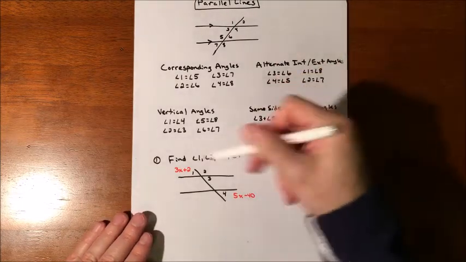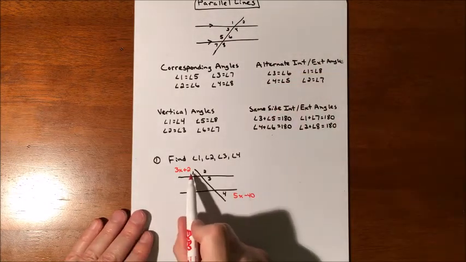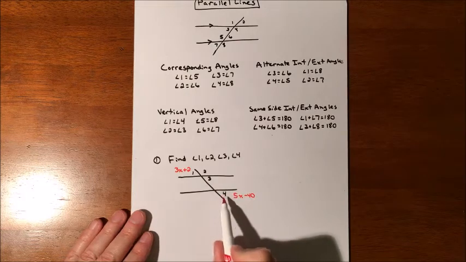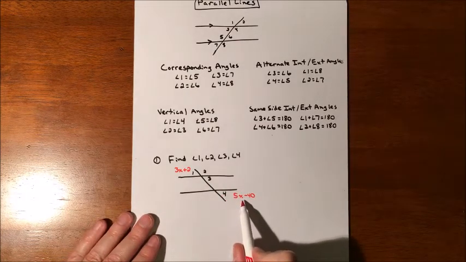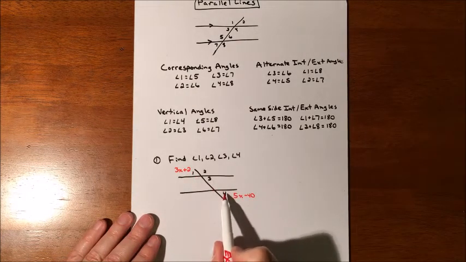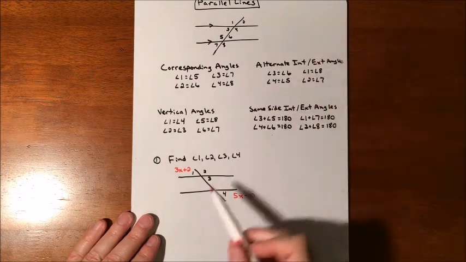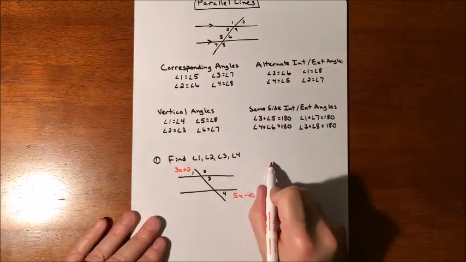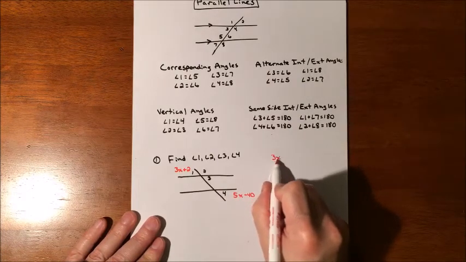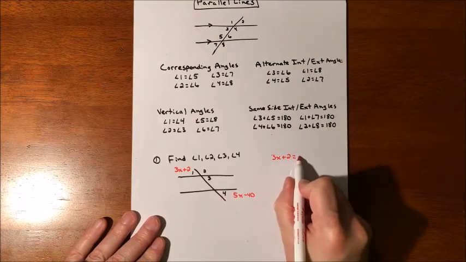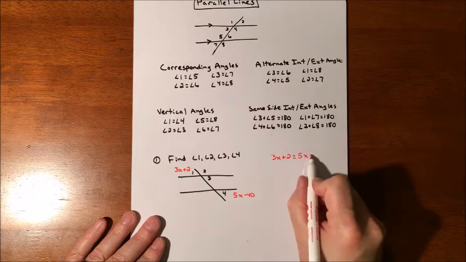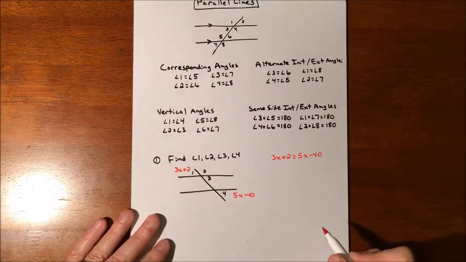You just got to figure out which situation you have. We have angle 1 and angle 4, so either they're going to equal each other or they're going to add up to 180. 1 and 4 are alternate exteriors, so they're equal to each other. That means we can take 3x plus 2 and set it equal to 5x minus 40 and solve.